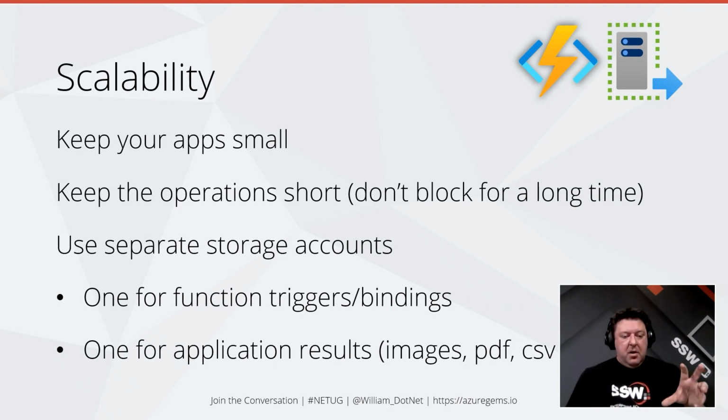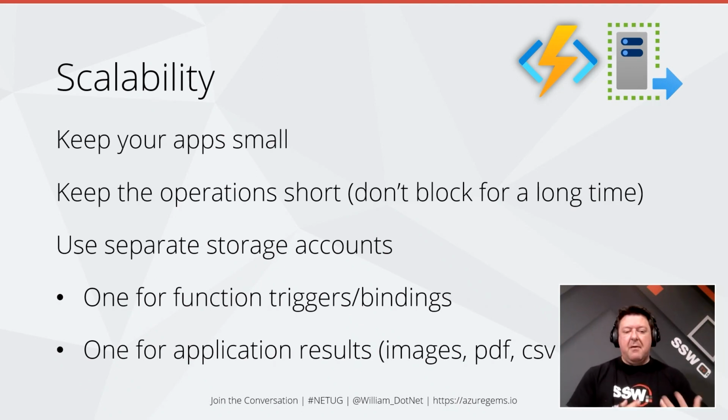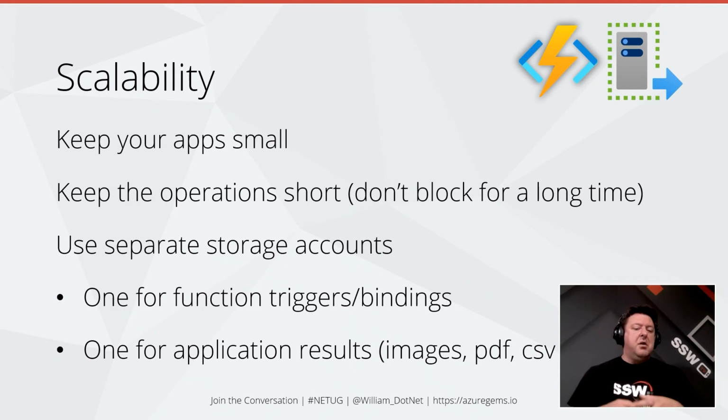Now, when you deploy your Azure function applications, generally you have to use a storage account. They're used for the logs and some state tracking for that Azure function app. If you're intending on writing images and PDFs and all sorts of content to your storage account, I would say to use a separate one.